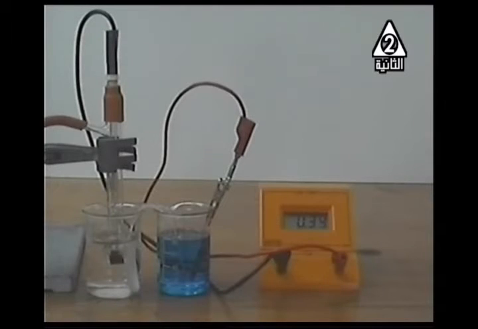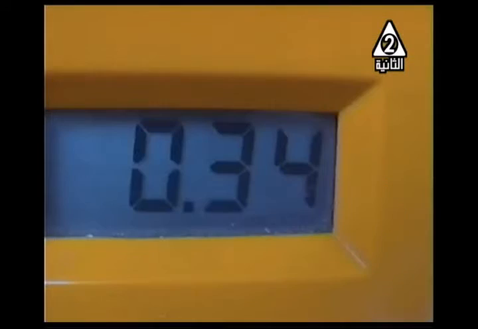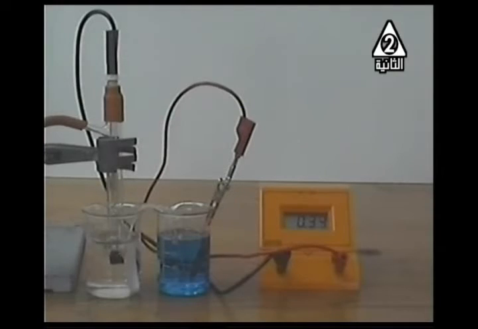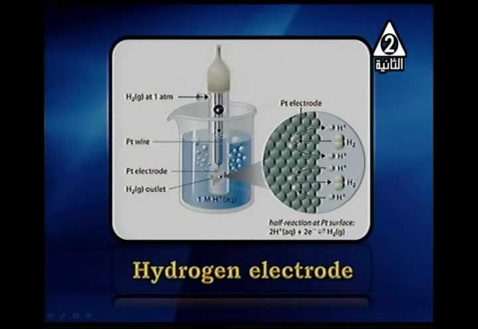The blue one is copper sulfate and the other one is the hydrogen electrode. This is to measure 0.34 volts for the copper electrode, because this is the hydrogen electrode.